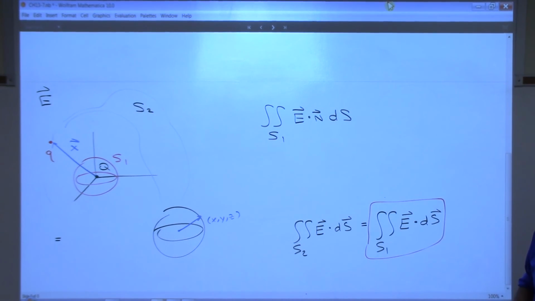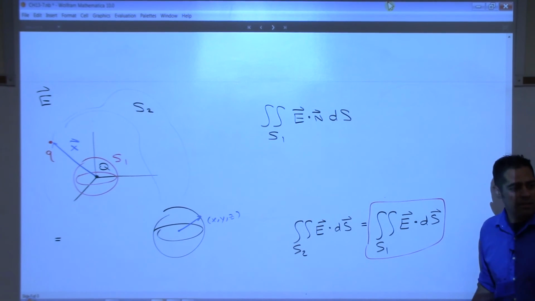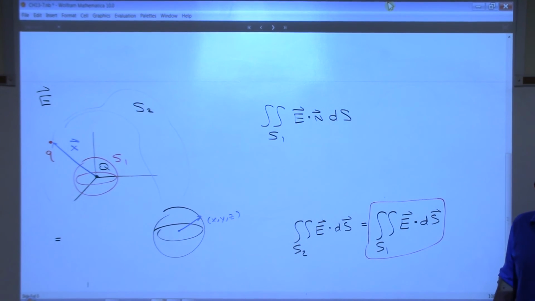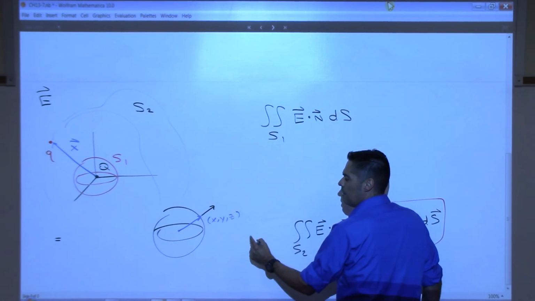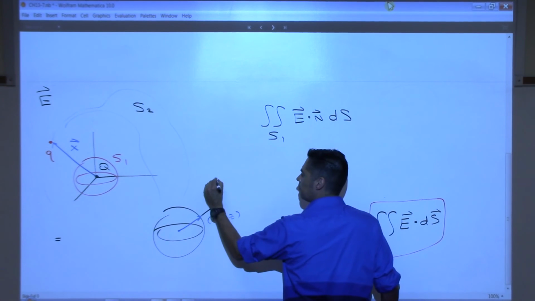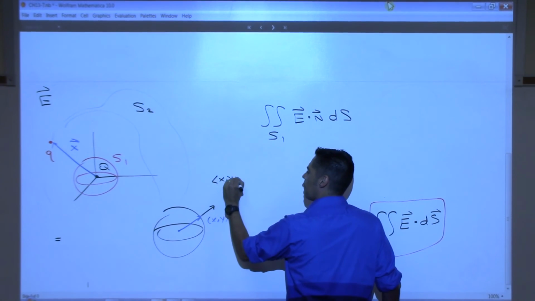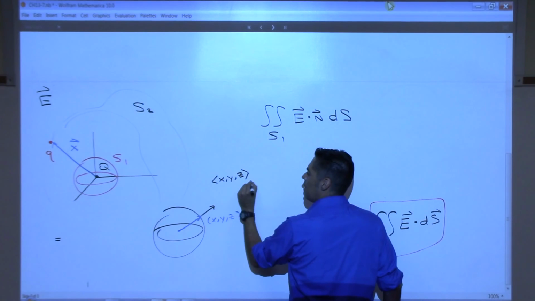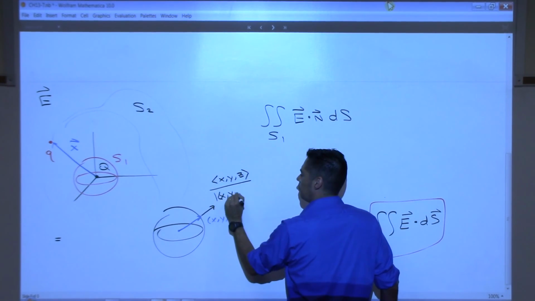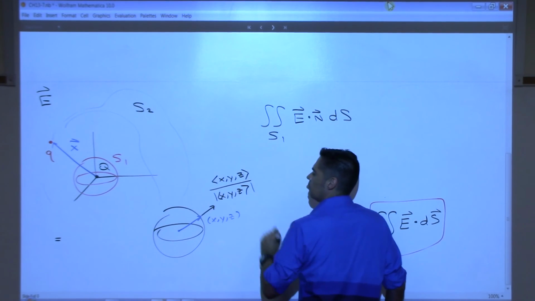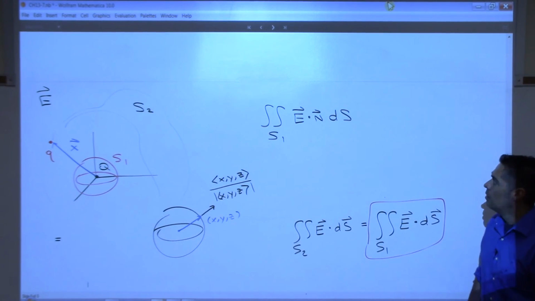It points in the same direction. It just doesn't have a unit length. So if I wanted to come up with the normal vector, which would be sticking out of here with unit length, I would take this vector and divide it by its own length, right? That's what I would do.